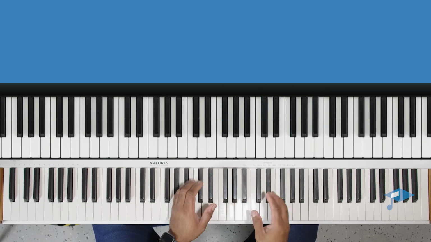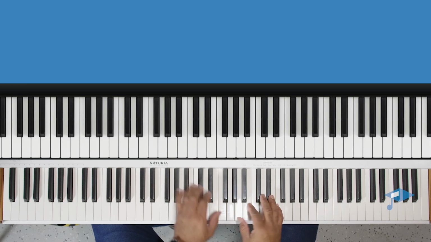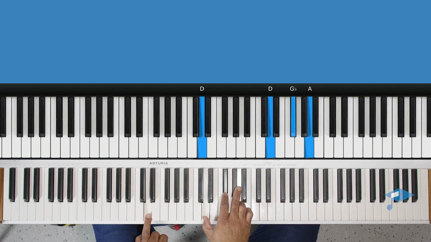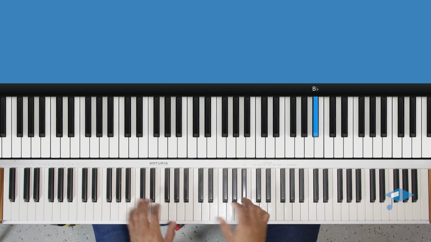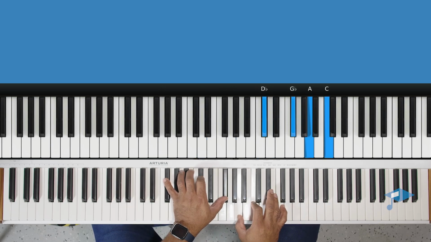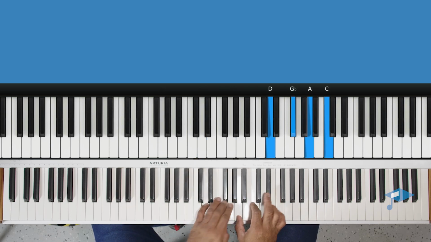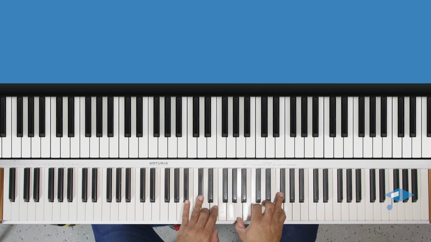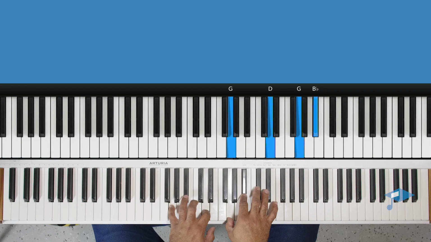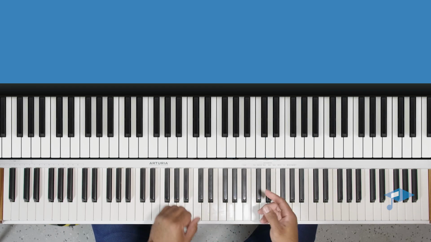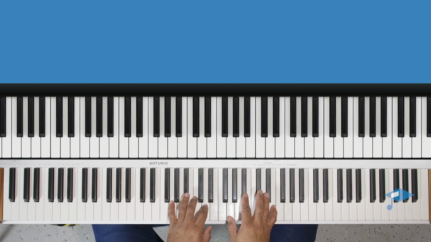I'm thinking of a different type of chord, but the concept is still the same, because we would have a D7 to go to our G minor, but we can do this chord. That would take us to the G minor. We have this here, G minor, and that's how we would move up to go to the 4.